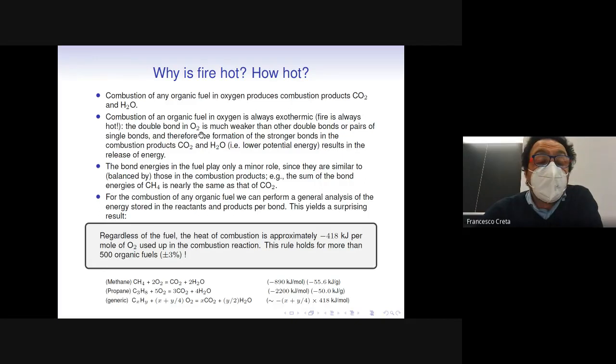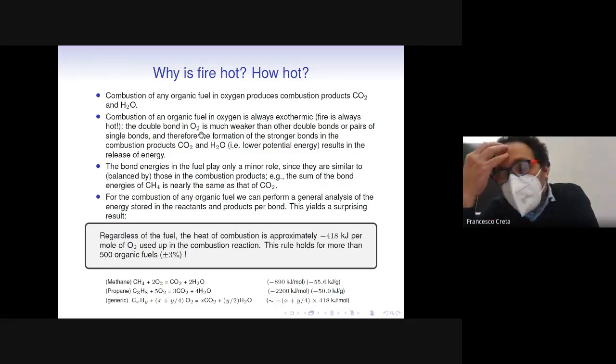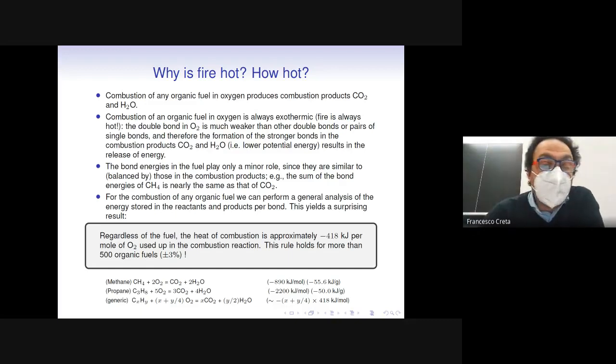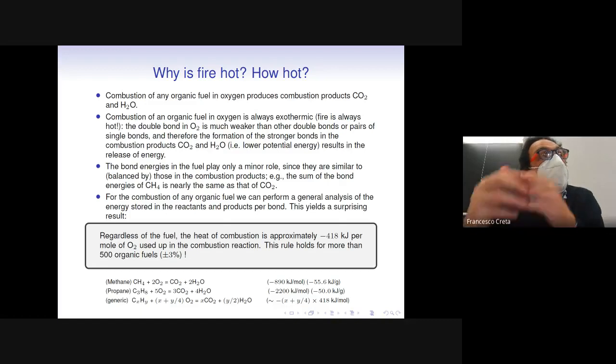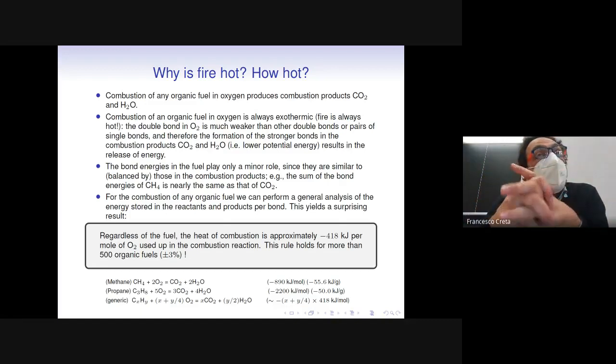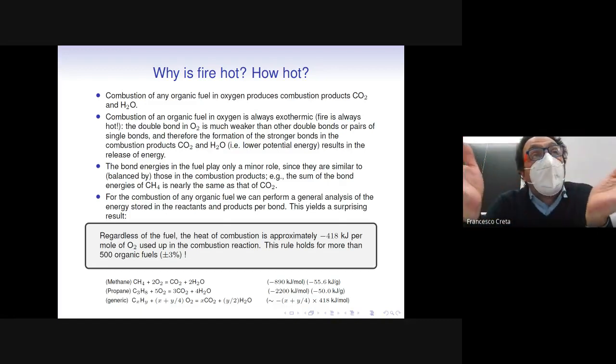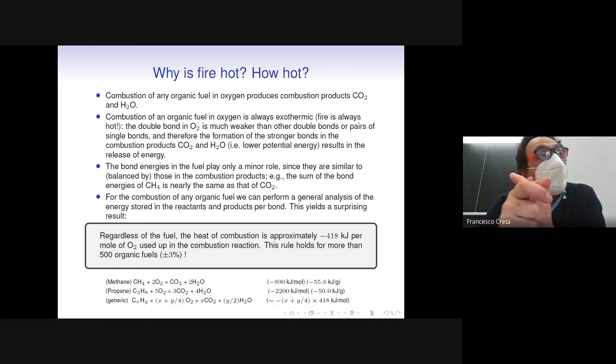So there is a trick now to understand how much heat is involved. One tends to think that it's the energy of the bond of the fuel that is released into heat. Well, that's not really the case.